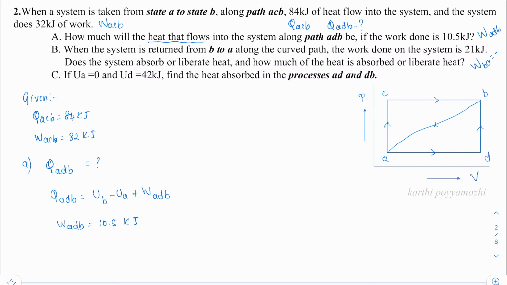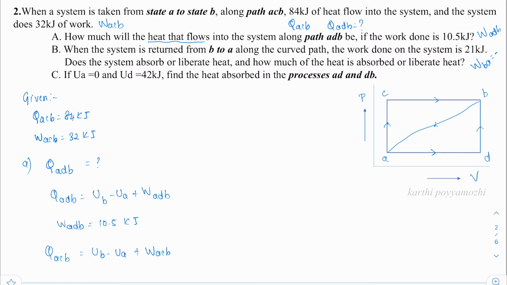So first we have to find the value of UB minus UA. We can find UB minus UA from the heat transfer along the path ACB and the work done along the same path, 32 kilojoule, both of which are given. That is, Q of ACB is equal to UB minus UA plus W of ACB, according to the first law of thermodynamics.